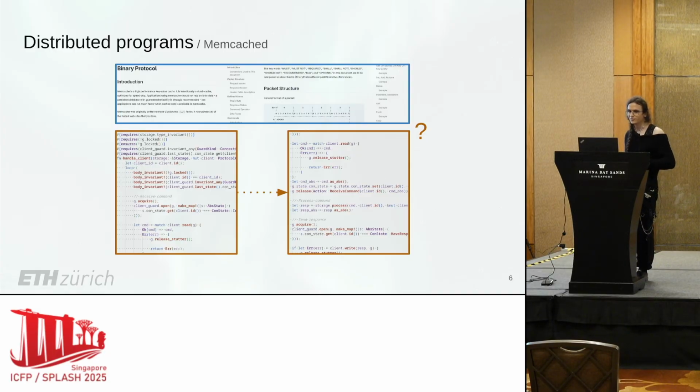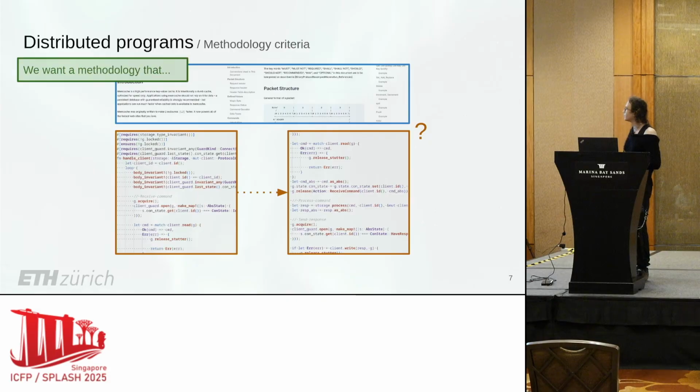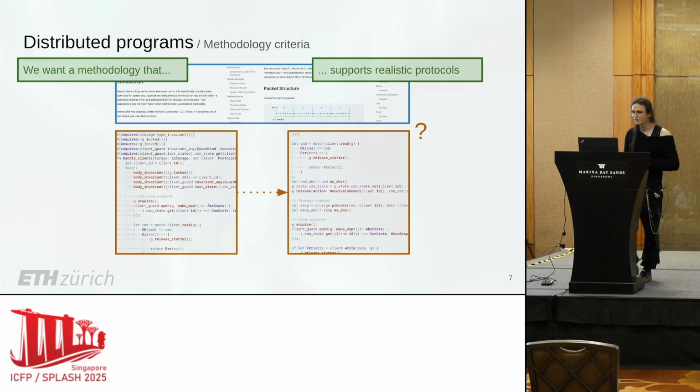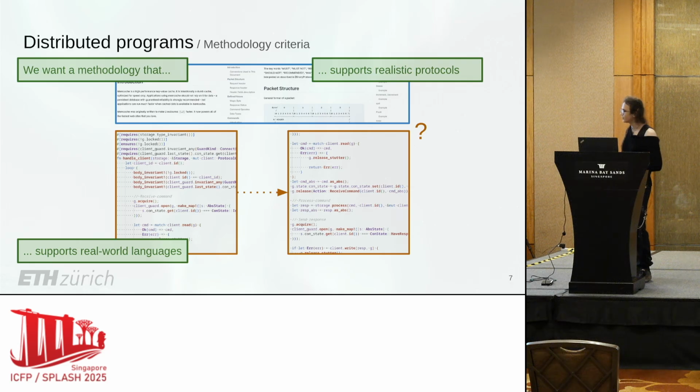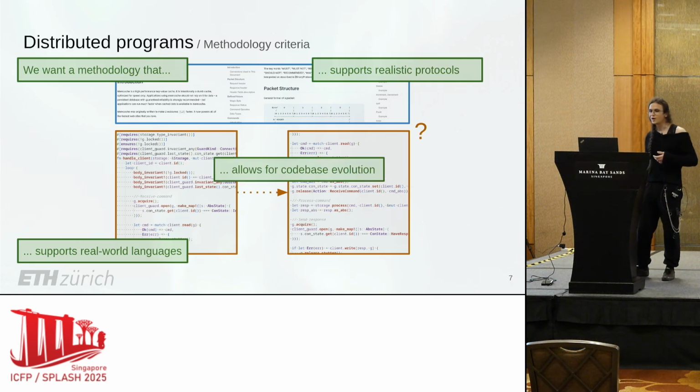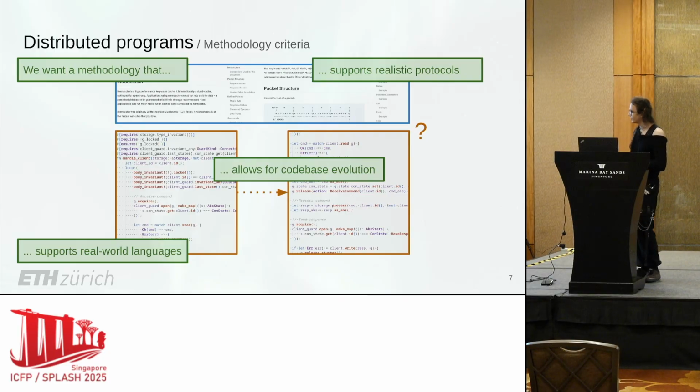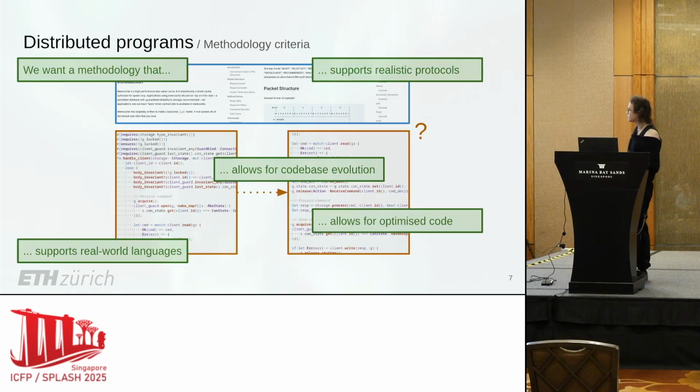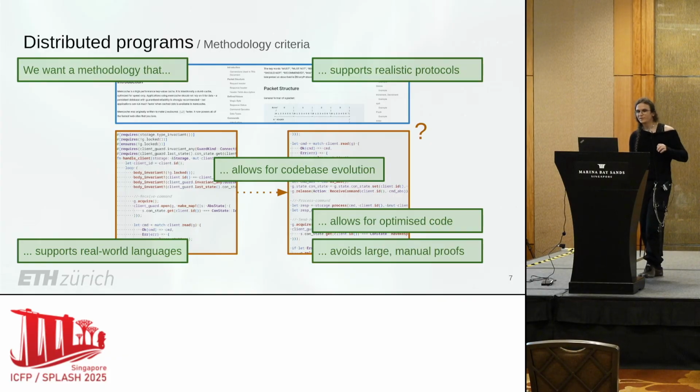And essentially our research question was, is it possible to develop a methodology that can apply to such realistic protocols, can support real-world languages such as Rust, allows for the code base to evolve over time and change, by which we mean we don't want too tight of a coupling between the implementation and the model, allows for the eventual implementation to actually be efficient, so use things like atomics and multiple threads and so on, and all the while avoiding large manual proofs in thousands of lines of interactive theorem prover scripts.